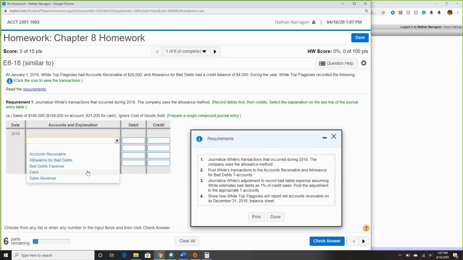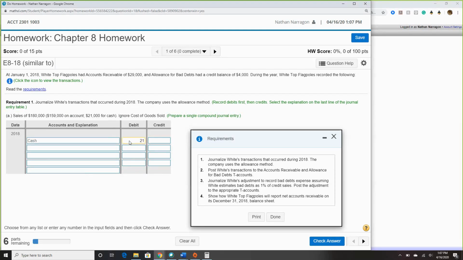So, journal entry, of course, cash, and that is a debit, since it increases by a debit. And then, since we're selling on account, we're expected to receive cash. But since we haven't received them, that's a debit to accounts receivable.